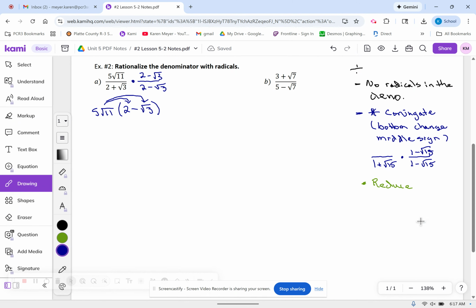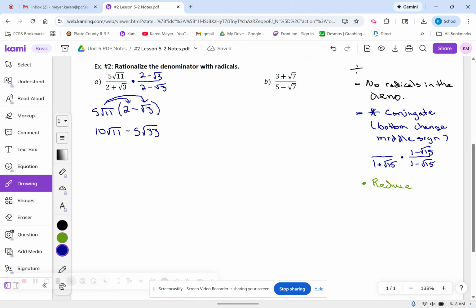So here, when I take 5 square root of 11 times 2, I can take the 5 times the 2 because they're both on the outside, and that will make it 10, and then keep square root of 11 attached. And then over here, I'm going to take 5 times negative, which makes negative 5. And then square root of 11 times square root of 3 is going to be square root of 3 times 11, which is 33.